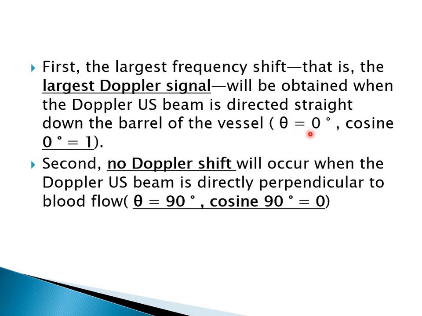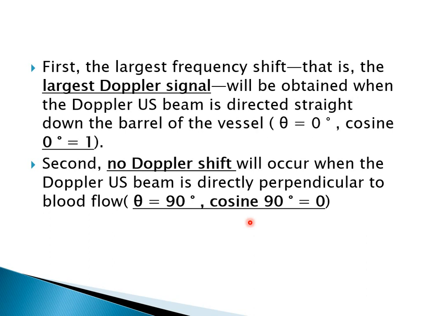The cosine of 0 is 1, and no Doppler shift will be seen when the Doppler ultrasound beam is directed perpendicular to the blood flow. It means that the angle is 90, the cosine of 90 is 0, so at 90 there will be no flow. When you are perpendicular to the direction of the blood flow, you'll have zero Doppler.